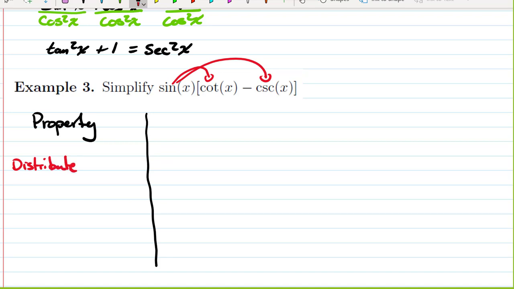So I distribute my sine in, and that gives me sine x times cotangent x minus sine x times cosecant x. So that's my first step in simplification.